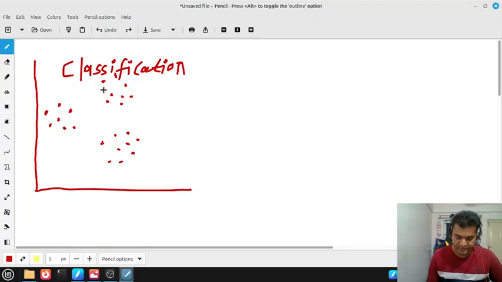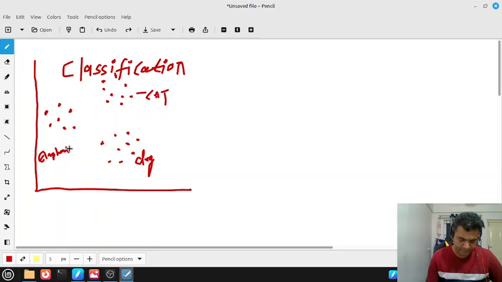Suppose we have three animals. This is the cat class. One image we are giving as input to classify which group the picture belongs to. This is the cat, this is the dog class, and here is some other animal, for example the elephant. Suppose we give one image here.